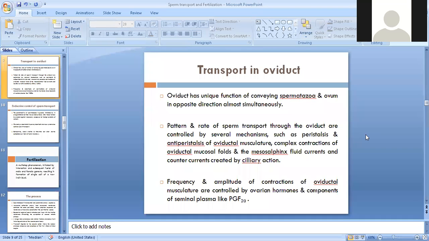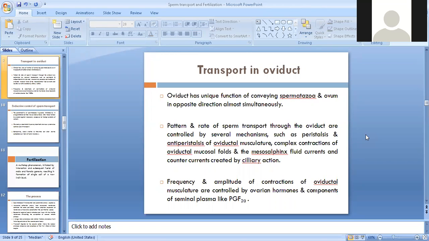So there are two kinds of opposite directional movement. One is conveying the spermatozoa towards the ovum, and another is transporting the ovum from the infundibulum towards the uterus.